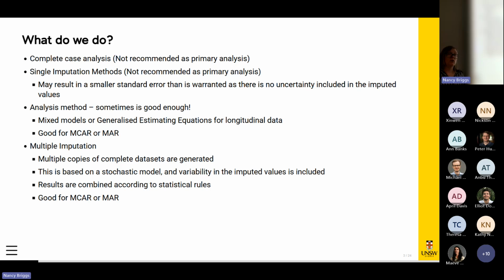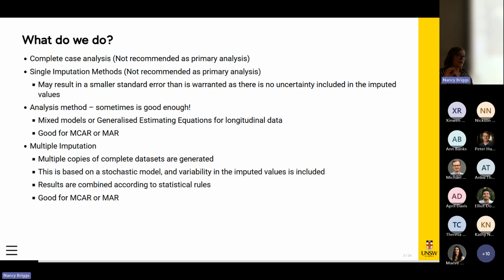You might use generalized estimating equations for longitudinal data. And these methods are really great because you get to keep everybody in your study who started out. So even if they only came to the baseline visit or only returned once, you still can include that person's data in that primary analysis, which is really great.